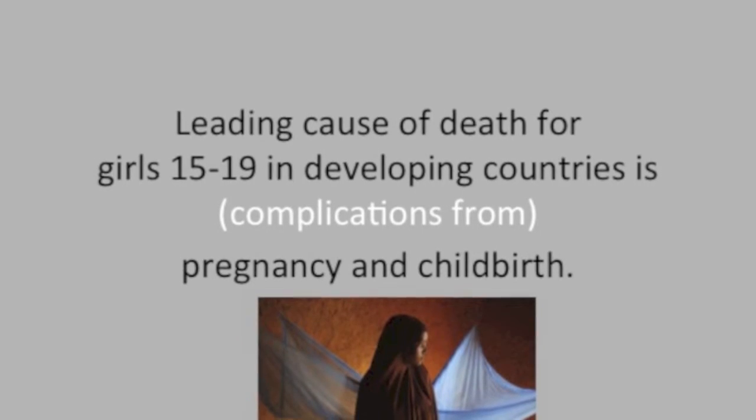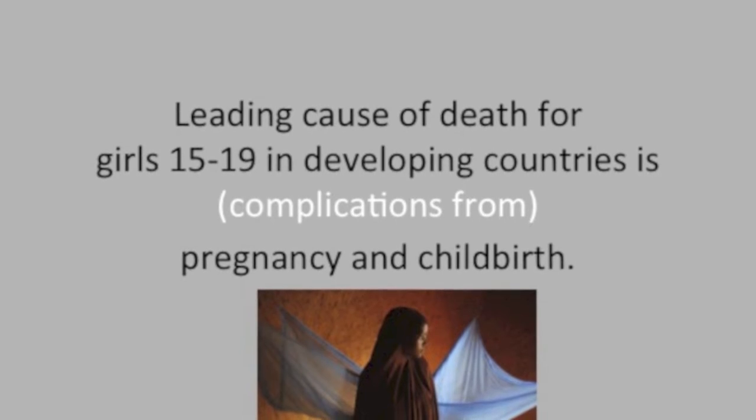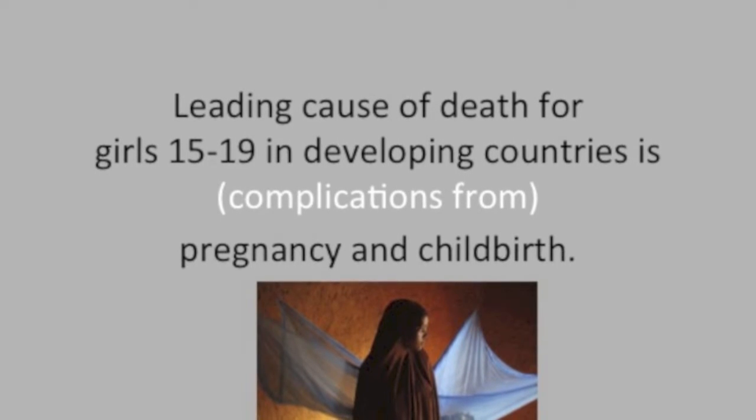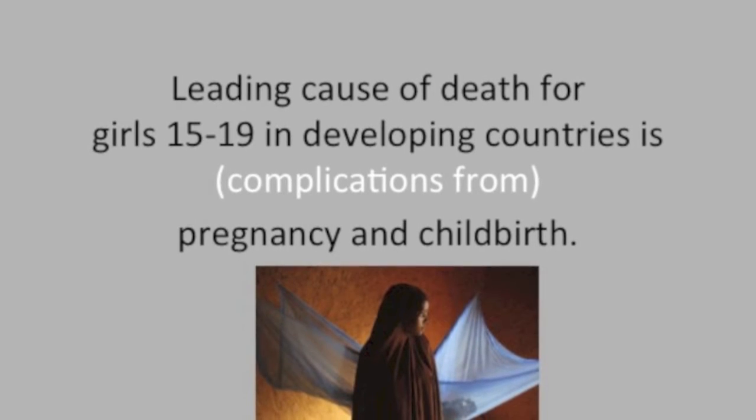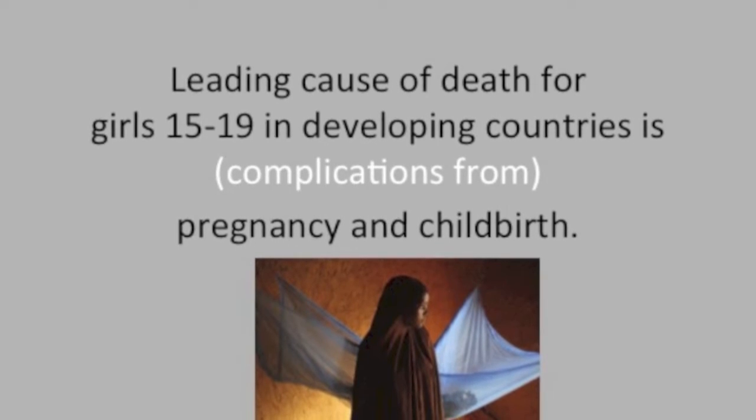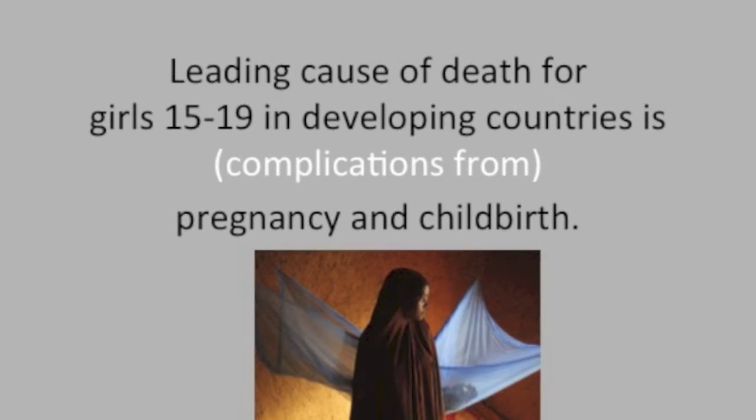One very interesting belief is that prepubescent girls as brides bring a blessing to the man and the family. The leading cause, not surprising, of death for girls ages 15 to 19 is actually pregnancy and childbirth, complications from pregnancy and childbirth.